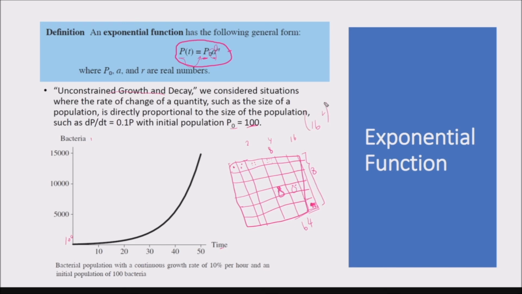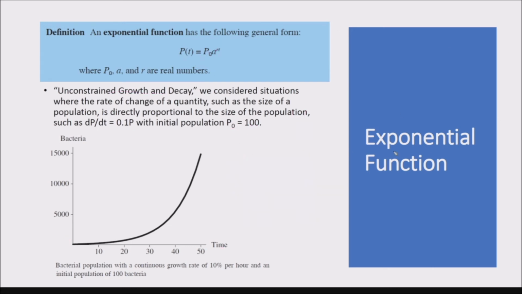So the next time it will be this, next time it will be this, and so on. So when it comes to that, it's a huge number. Okay, right. So that is one story behind, to understand what is exponential and how it grows, right.